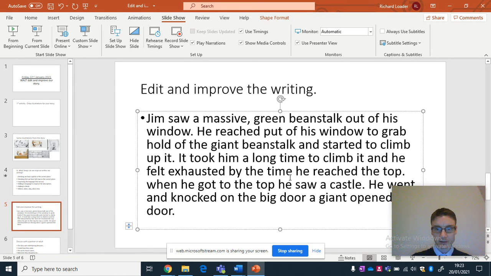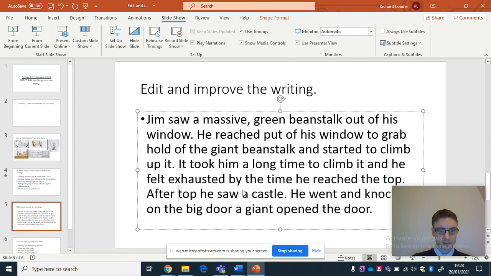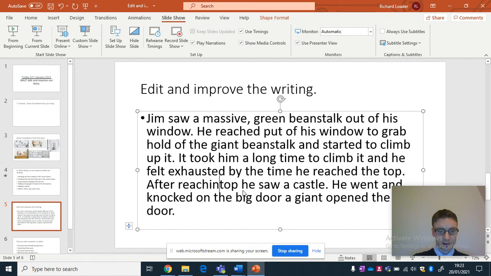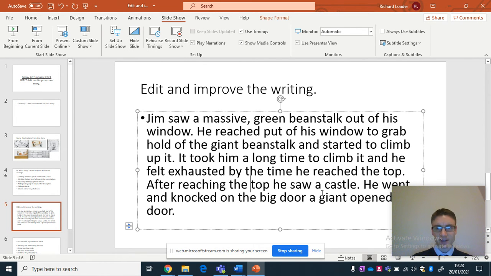So that probably doesn't flow so well now, does it, with the next sentence? When he got to the top, he saw a castle. So we could just say, after reaching the top, he saw a castle. Now again, let's look at this sentence. The castle is the noun.